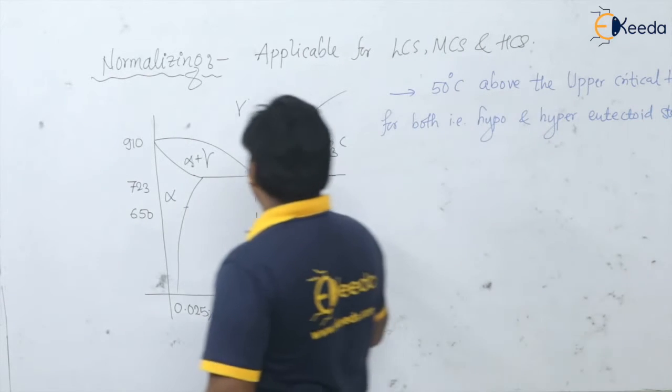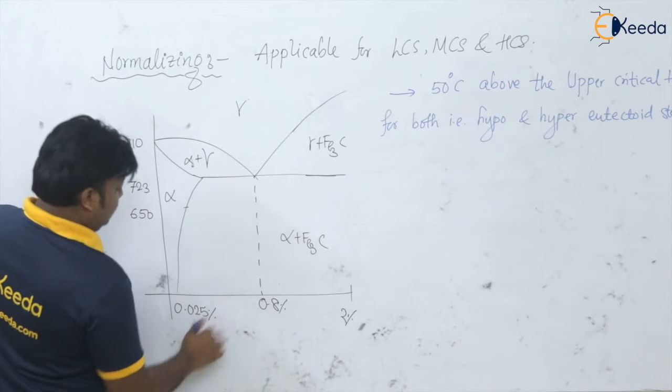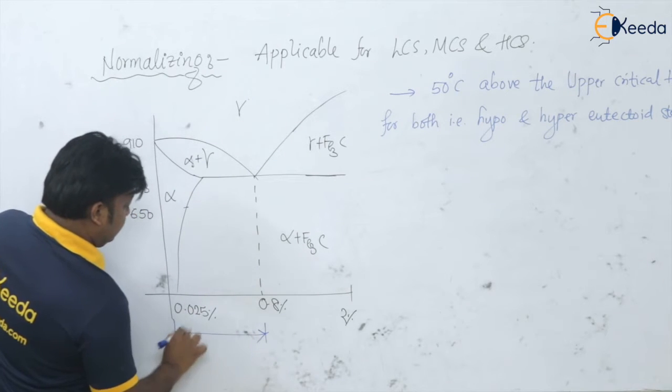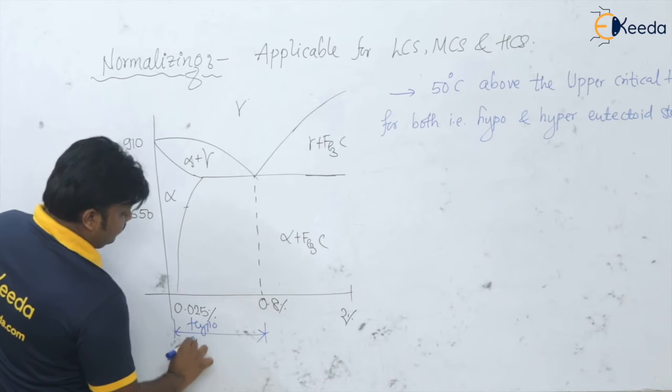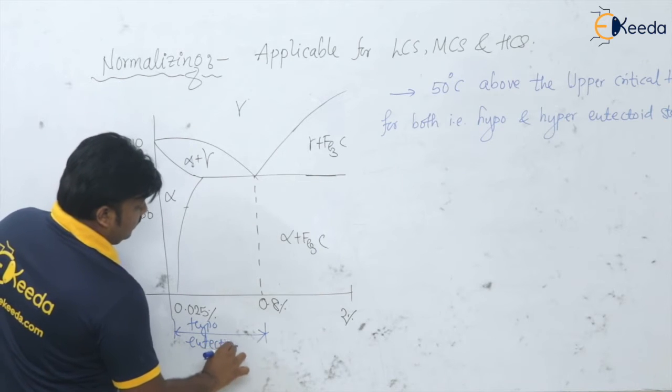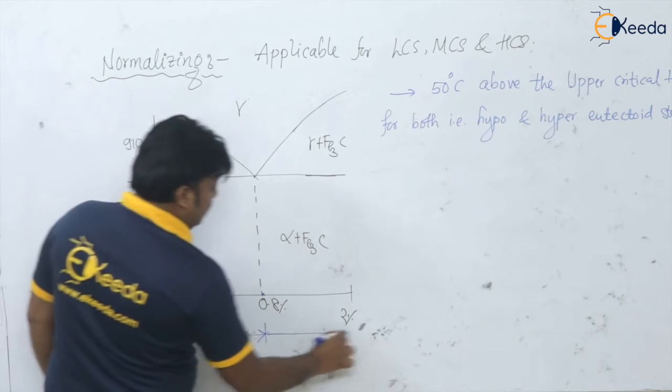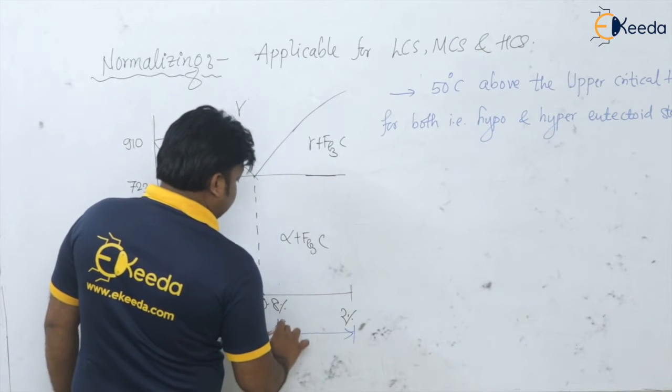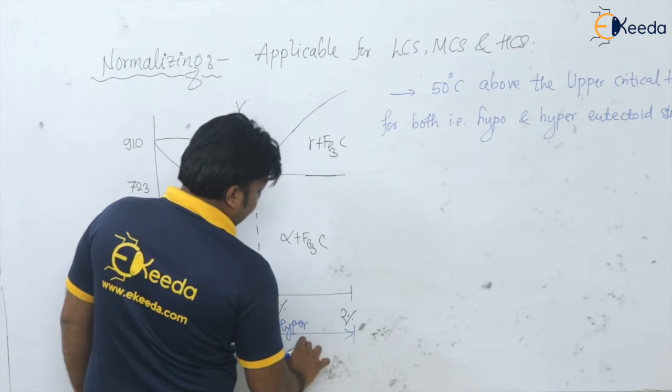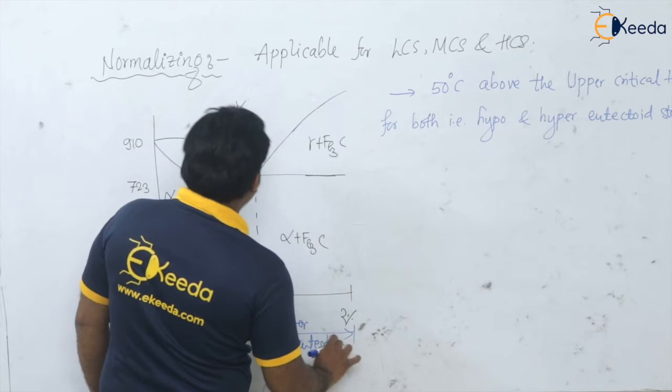If you see, this is the hypo up to 0.8, this is the hypoeutectoid, 0.8 is the eutectoid point, and above that it is hypereutectoid. We know it well.